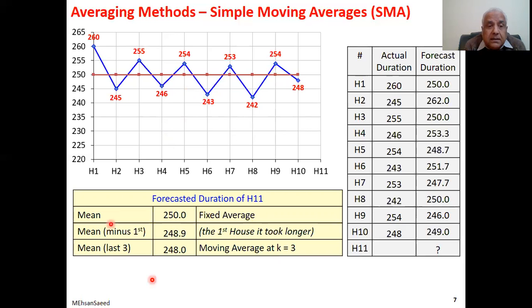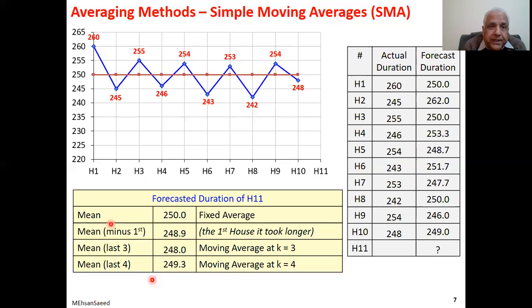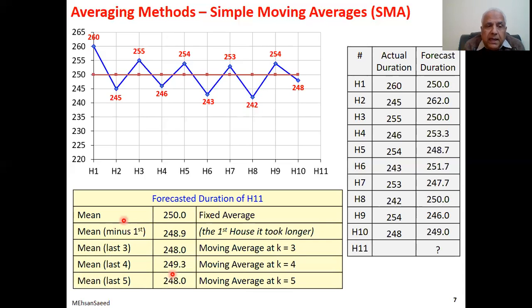If you take K equal to 4, averaging the last 4 data points, it becomes 249.3. And if you take K equal to 5, these 5 data points, 248. So it is entirely up to you what value of K to take, although we are going to discuss in a while what would be the most appropriate value of K.